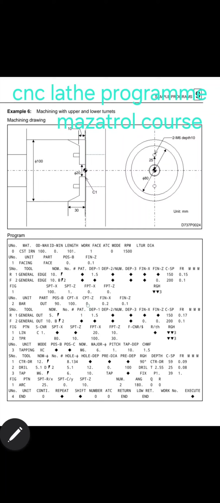Z start 0 to finish at 0.1. Tool, we use roughing tool, rough and finish tool, tip 1.5, speed we use 150, configuration we use 0.13. In the finish we use 200 and 0.1.